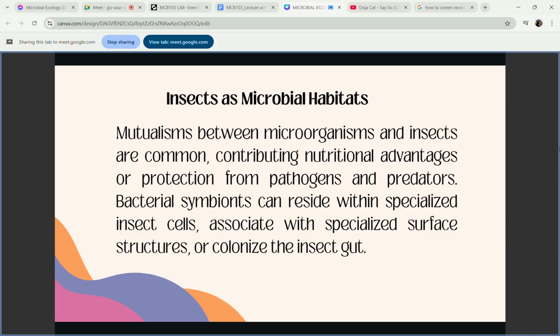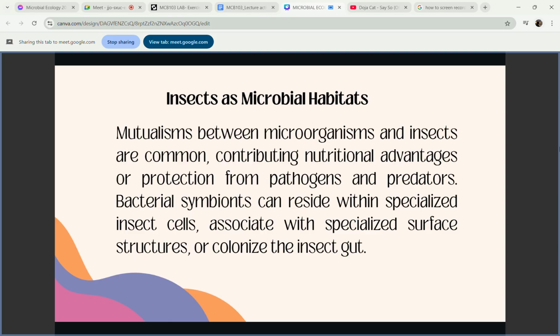In insects, mutualism is common, contributing nutritional advantages or protection from pathogens and predators. Bacterial symbionts can reside within specialized insect cells, associate with specialized surface structures, or colonize the insect gut.